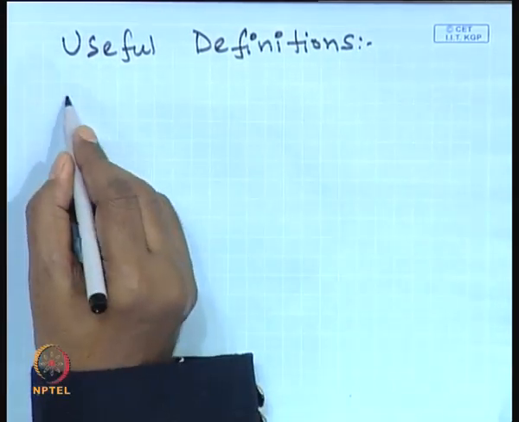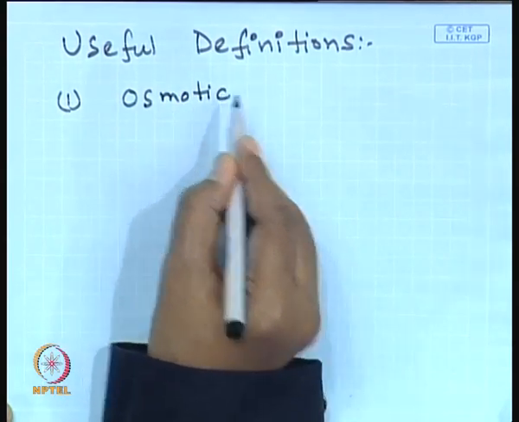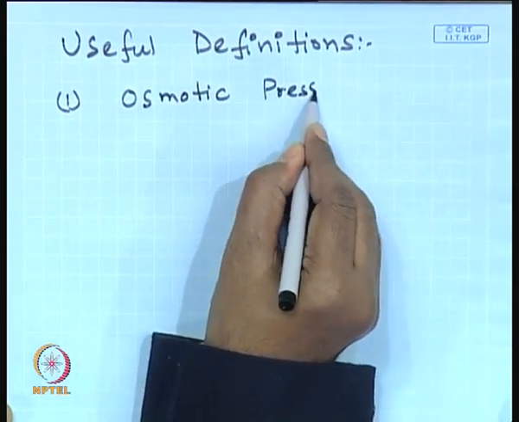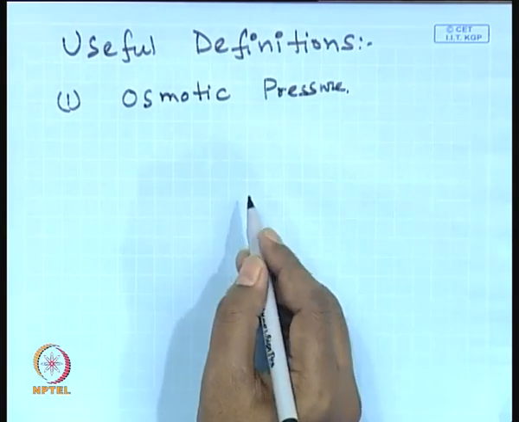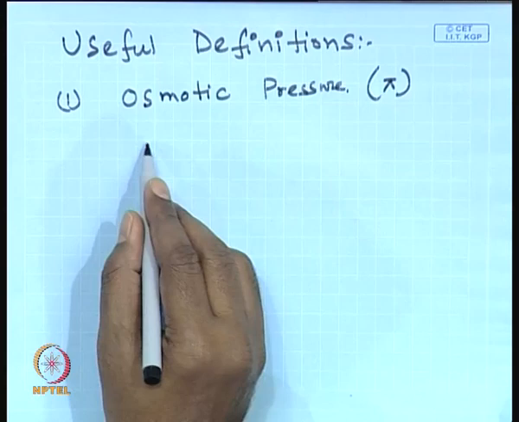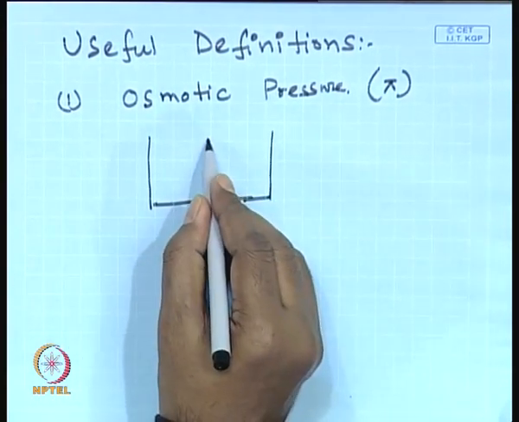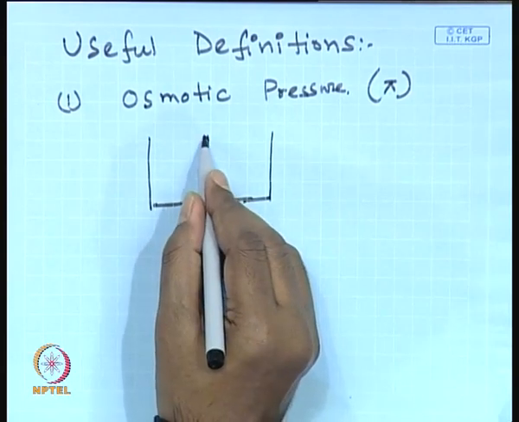The first definition is osmotic pressure. Osmotic pressure is denoted by the symbol pi, and I think we have discussed it to some extent in the last class. I will discuss it again in more detail.